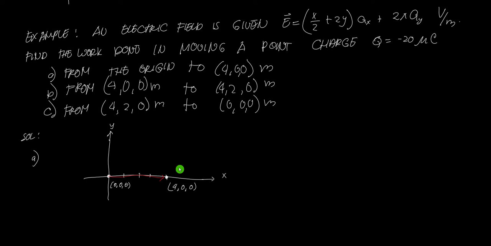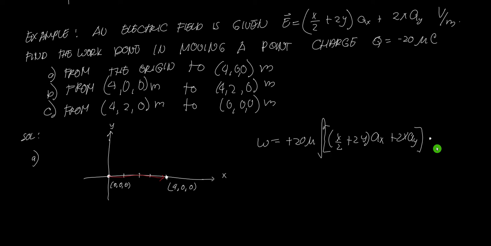Using the formula, work will be equal to negative Q. Our Q is negative 20 microcoulombs, so this will be positive 20 micro, times the integral of E, which is (x/2 + 2y) ax + 2x ay. This is our electric field, and we take the dot product with dl.